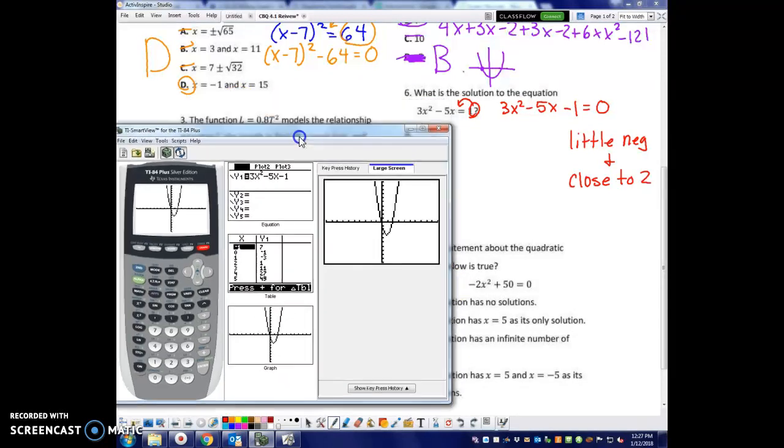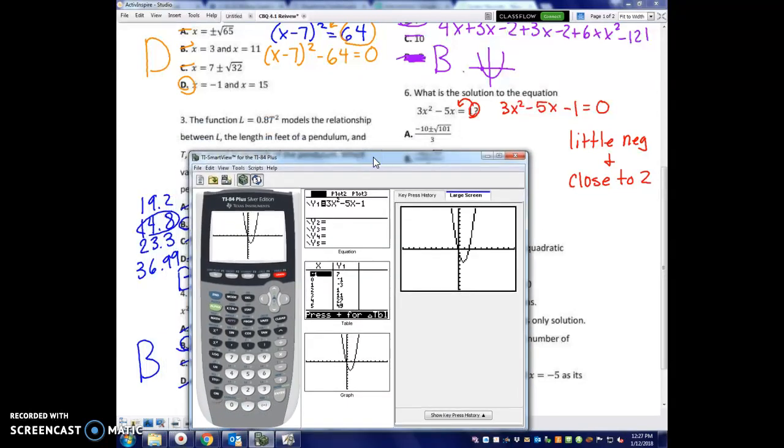Oh, it won't let me. Okay. Here's how you have to type it in. So, that's clear. You have to do negative 10. Now remember, plus or minus means plus and then minus. So plus the square root of 101. Hit enter. Then divide by 3. Don't do it all at one time.